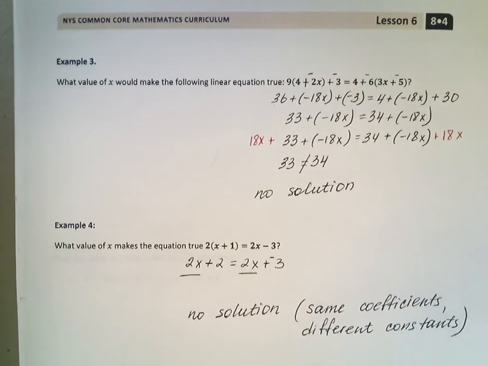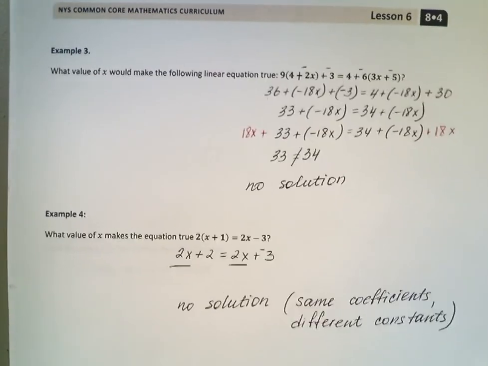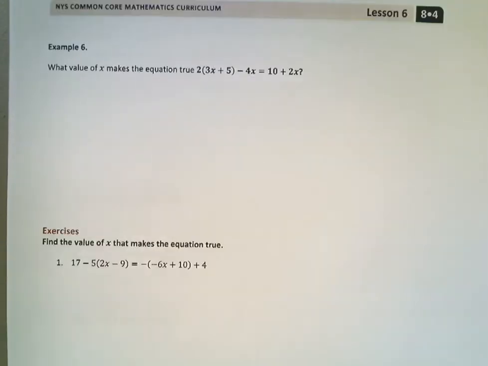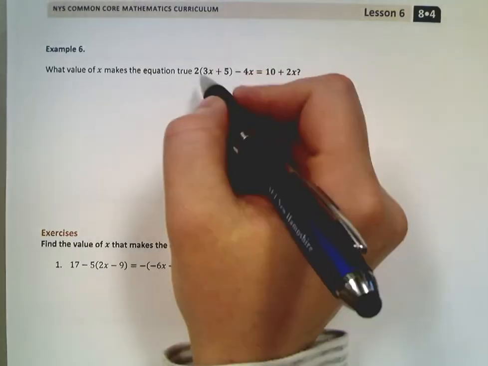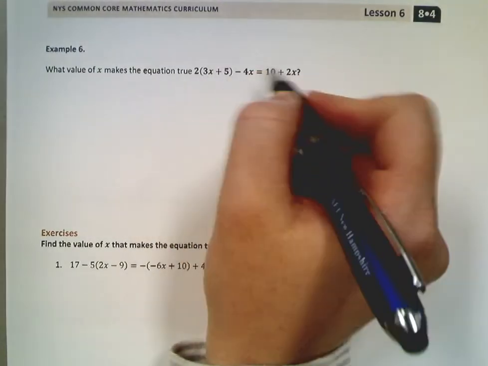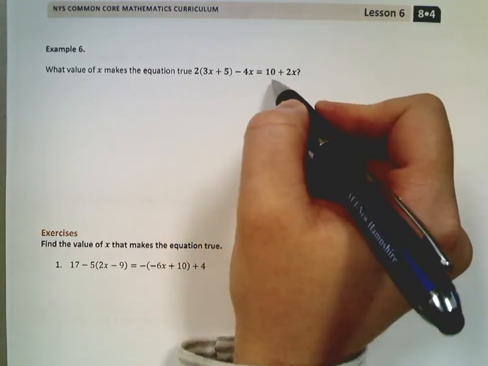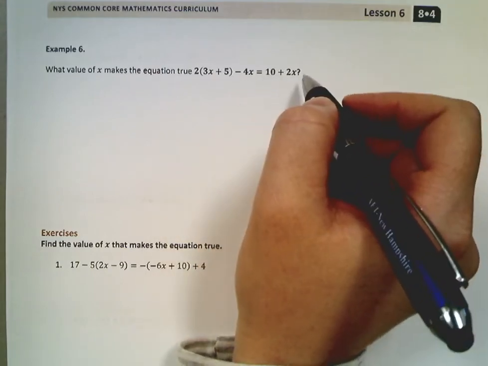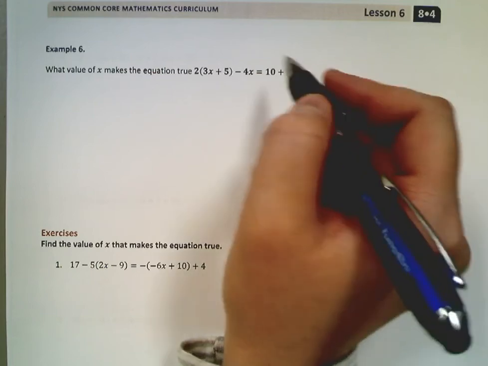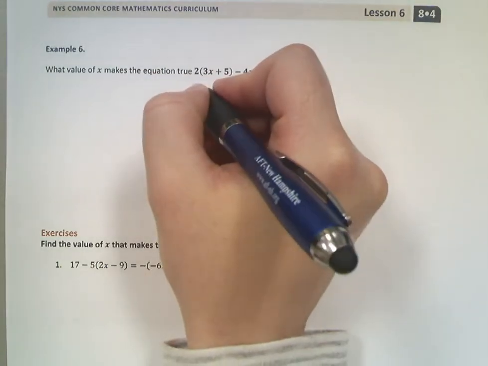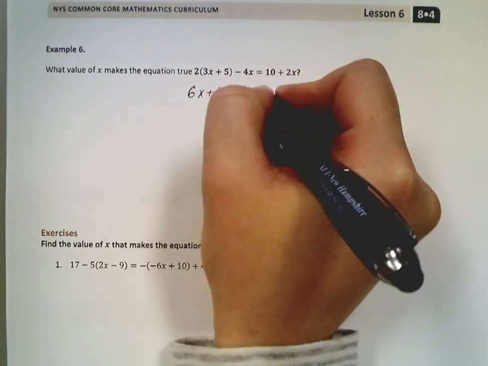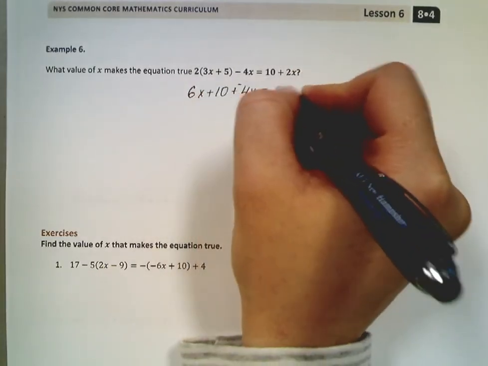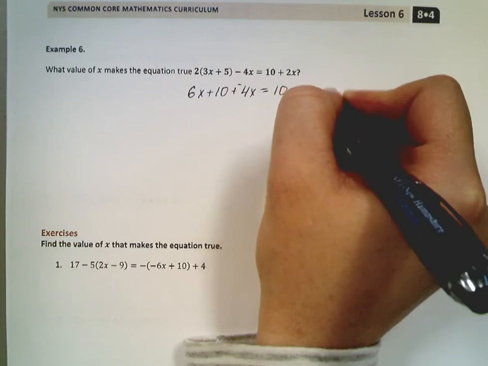All right. We have, I believe, a last example before we switch to the exercises. Yes. So here we have 2 in parentheses 3x plus 5 minus 4x. On the right side, 10 plus 2x. Let's see what happens when we simplify. 2 times 3x is 6x plus 10 minus 4x, or plus negative 4x, equals 10 plus 2x.